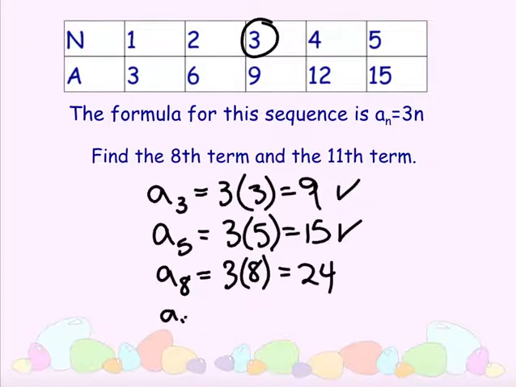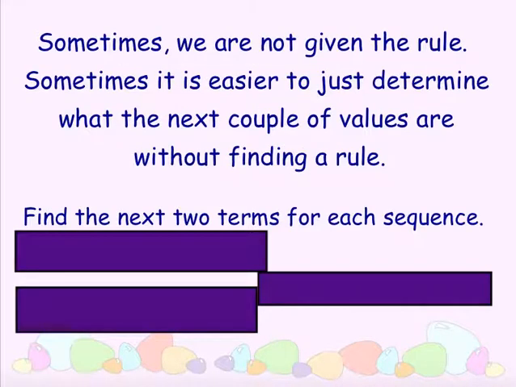And a sub 11 is 3 times 11, or 33. So I can replace my n, my position, with any number that I want in order to find the value of that position. Now sometimes these rules can be pretty difficult to write, so sometimes we just want to continue the sequence without a rule.